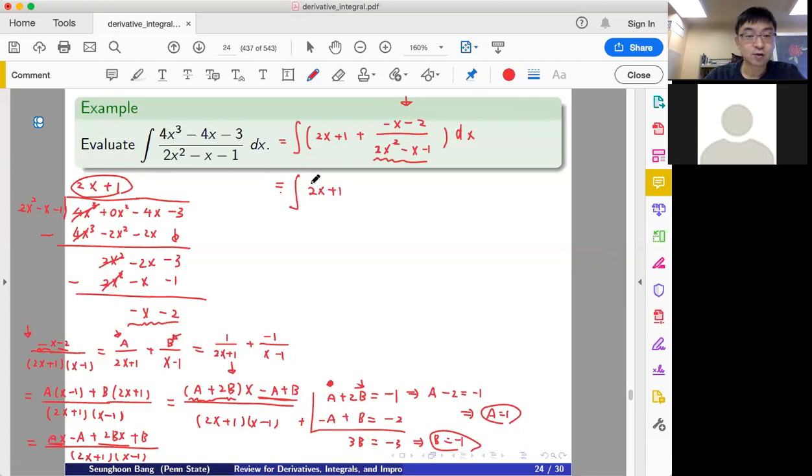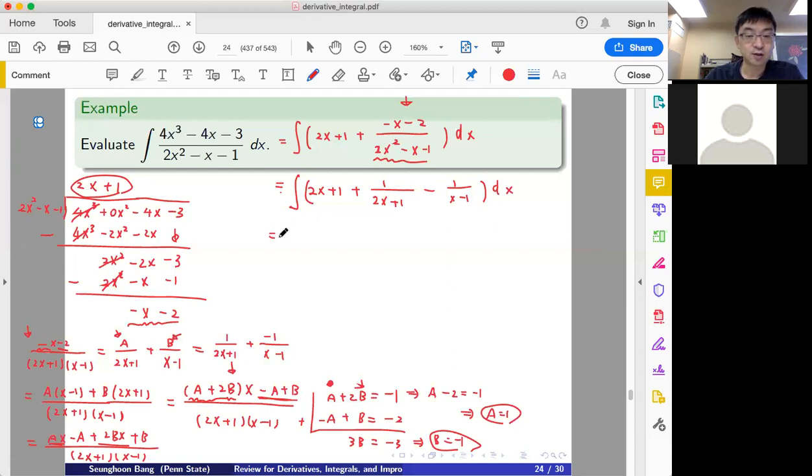The integral of 2x plus 1 plus 1 over 2x plus 1 minus 1 over x minus 1, dx, like this.